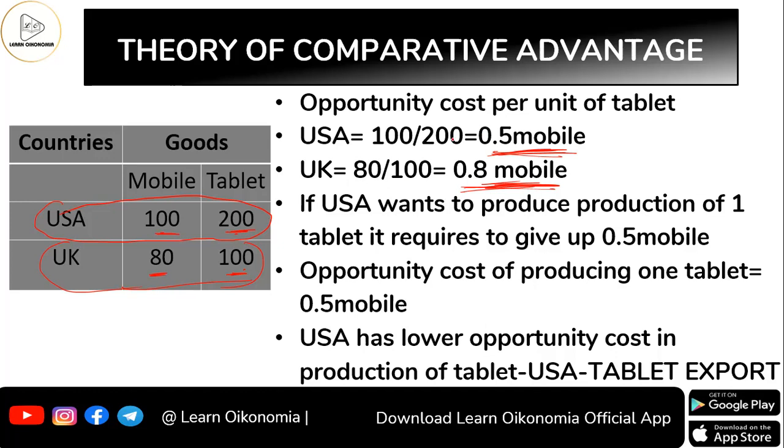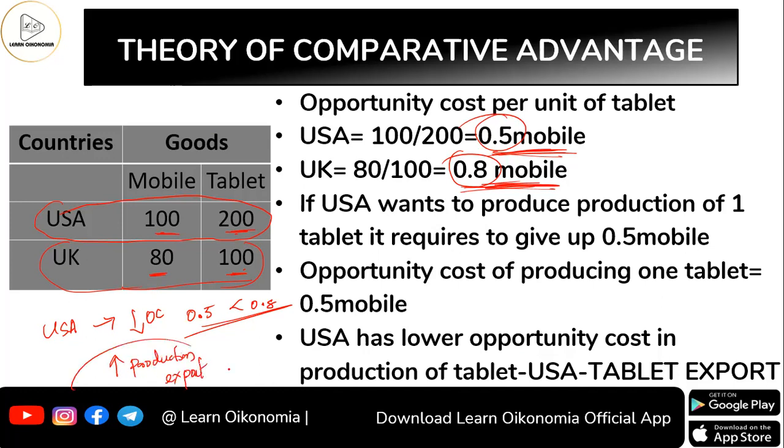Comparing these two, USA has 0.5 and UK has 0.8. So 0.5 is actually lesser than 0.8, and for the very same reason, USA is having lower opportunity cost in the production of tablet, and for the very same reason, what USA can do is that it can increase production as well as export.